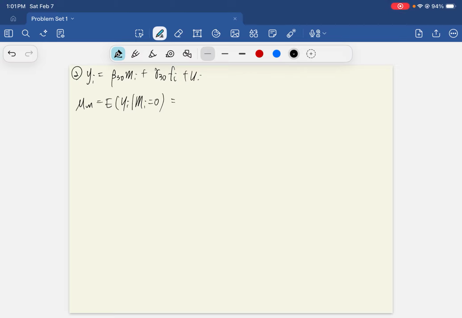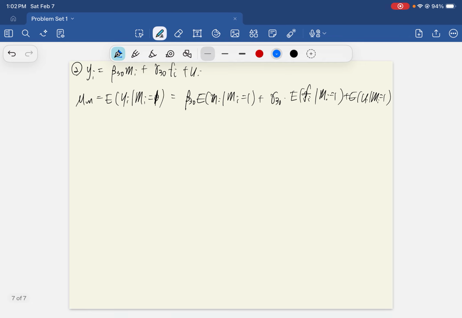That is beta 30 expectation m given m equals 1, plus gamma 30 expectation f given m equals 1, plus expectation u given m equals 1. As before, it is 1, it is 1, this is 0, this is 0 by exogeneity, so it's simply beta 30.